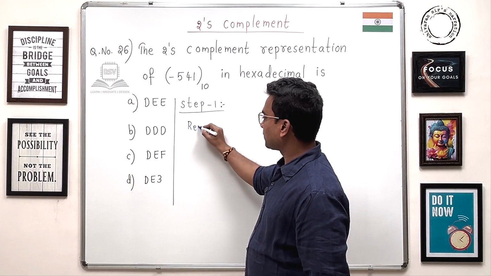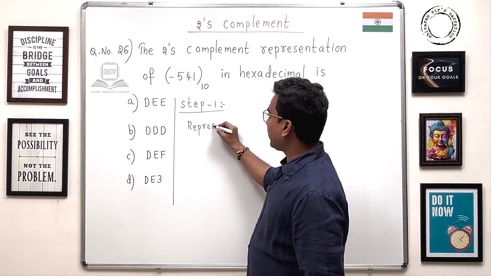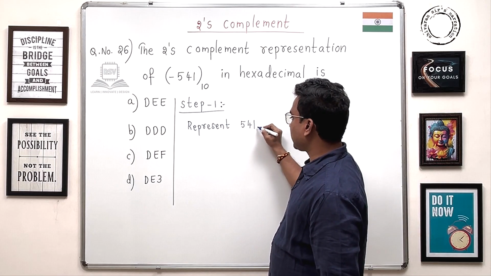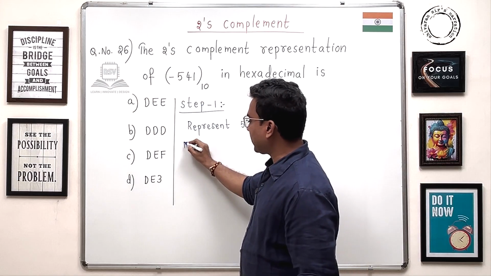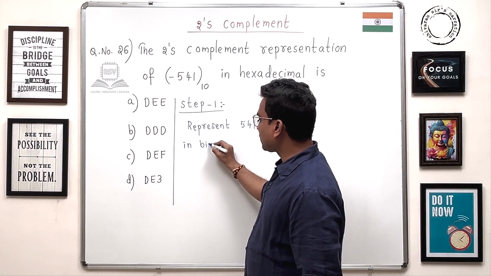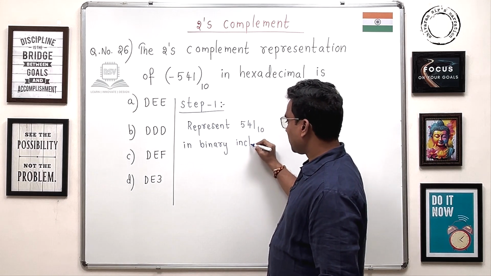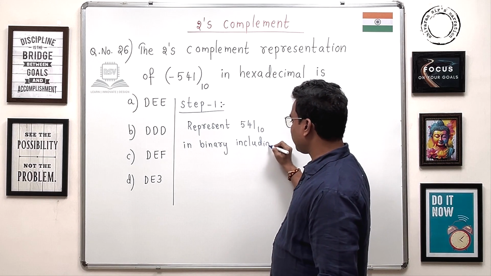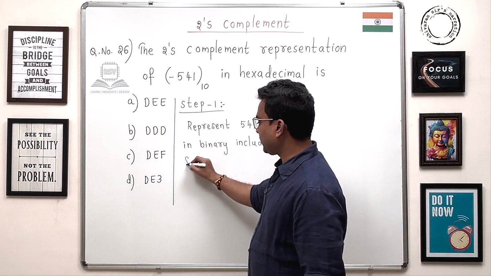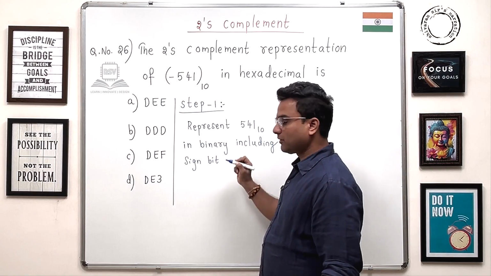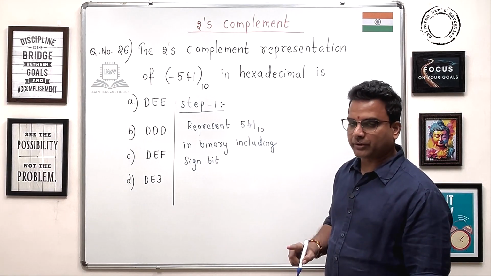Represent 541 base 10 in binary, including sign bit. We know very well the sign bit is 0 for positive numbers, 1 for negative numbers.